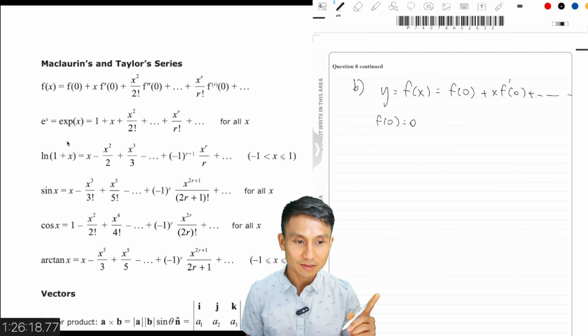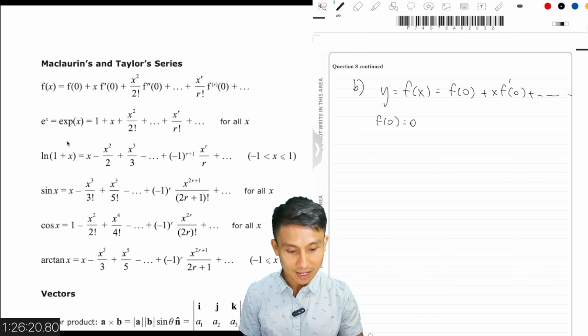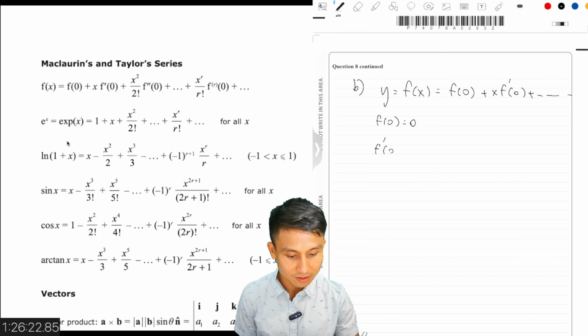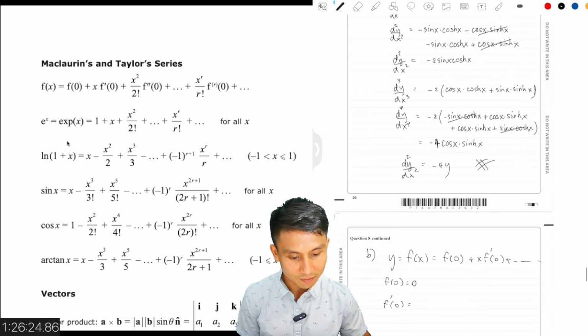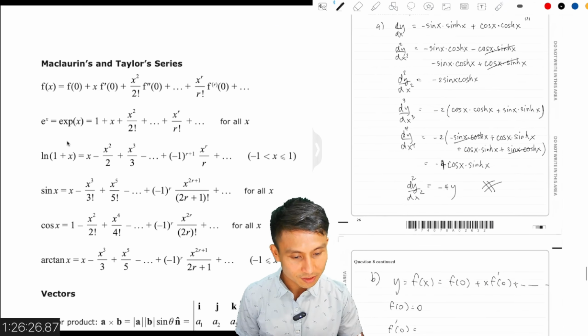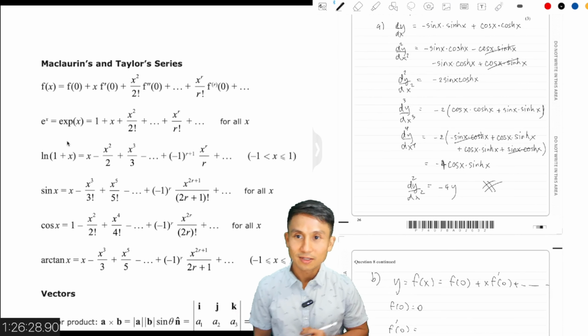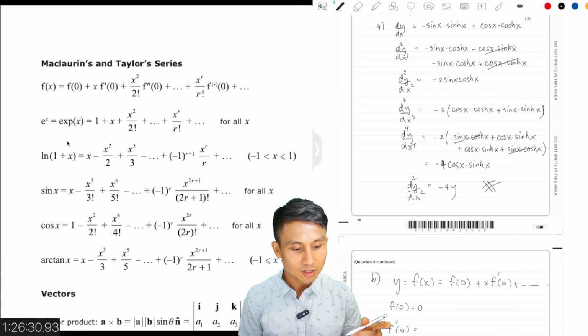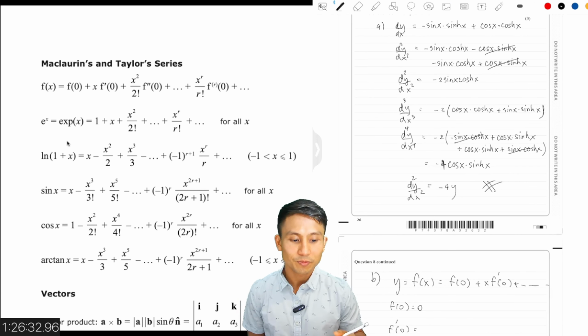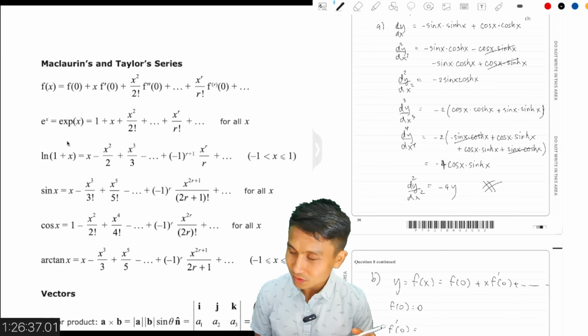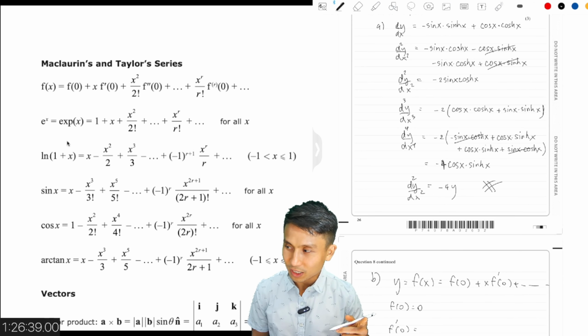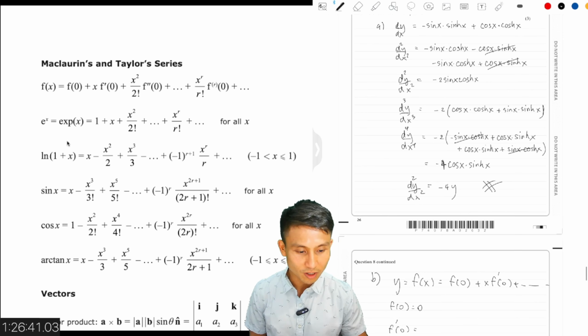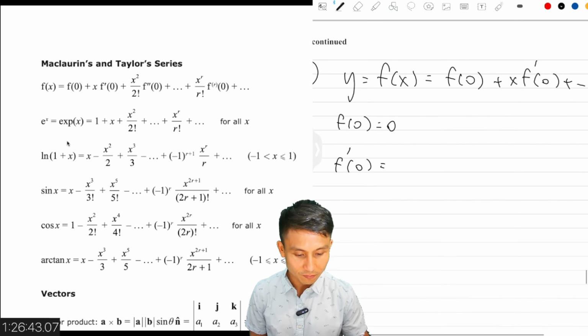And then f dash 0 here, we take the first derivative, which is this guy here. If we substitute 0 in there, what do we get? The sine disappears, the cos becomes 1, so cos 0 is 1. So you're going to get 1 out of this.